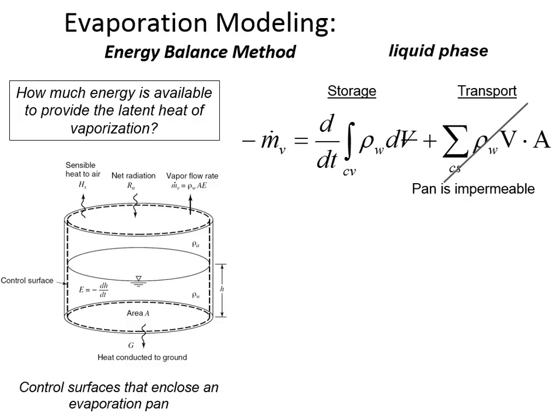So if we just want to isolate the evaporation, then let's assume that we have some metal pan and we're watching the water evaporate from a metal pan. And if you have a situation like that, then you can simply know how much evaporation there is by looking at how quickly the volume drops inside of the pan.